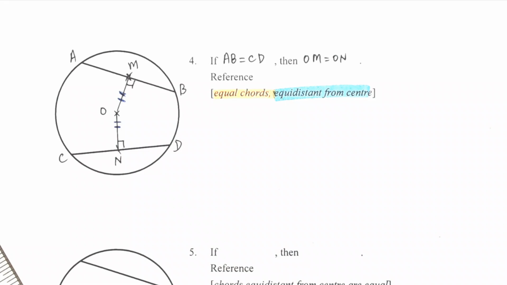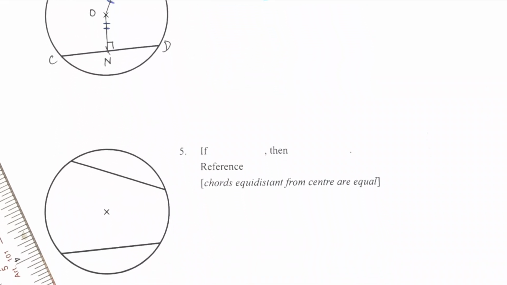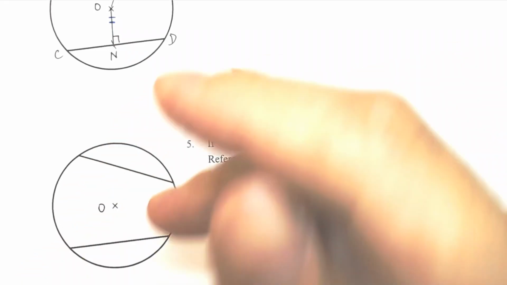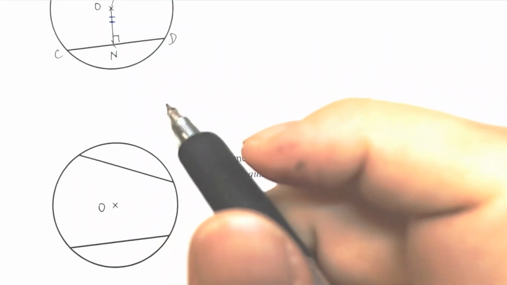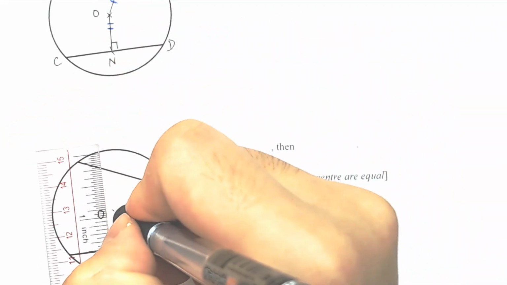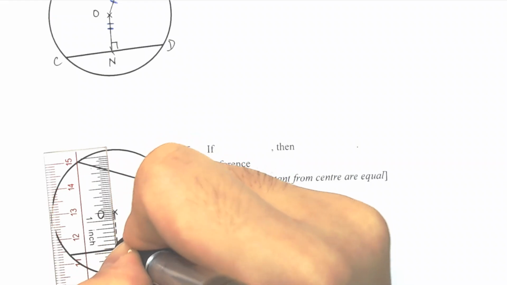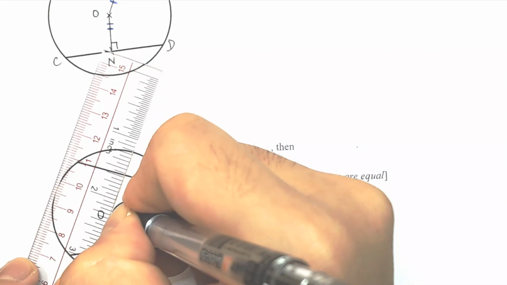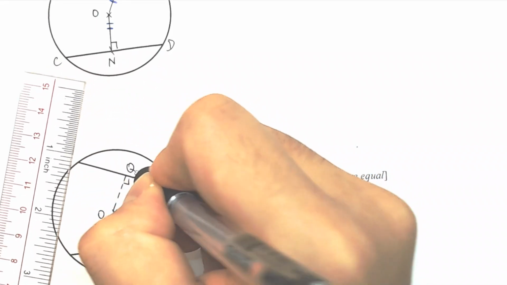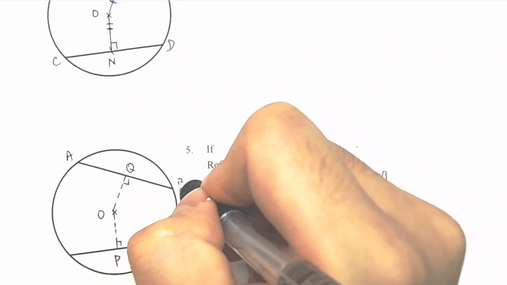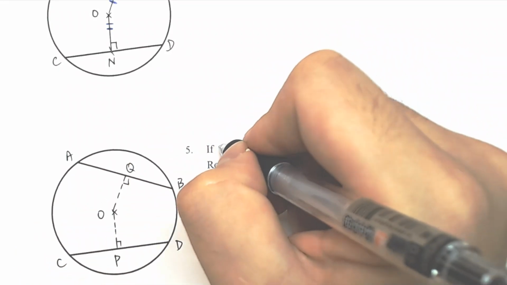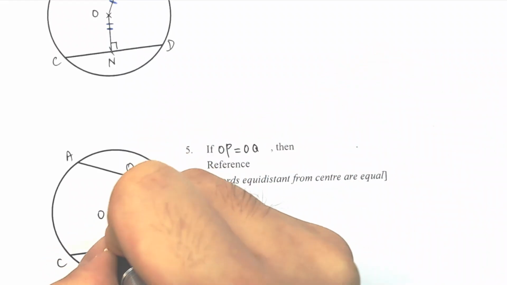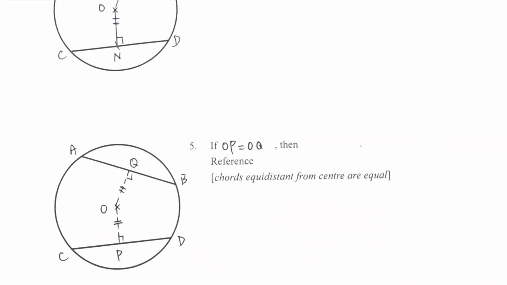For the last one, as you may guess, if we have two chords of unknown lengths, but the lengths drawn from center to the chords, like OP and OQ, are equal, if OP is equal to OQ, then you may guess what happens.